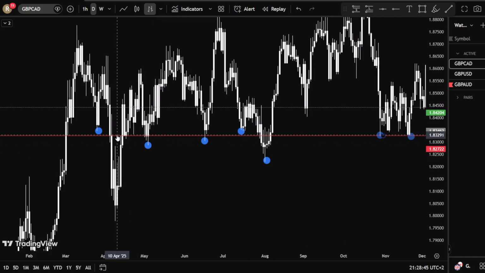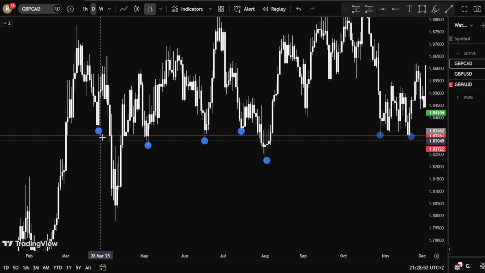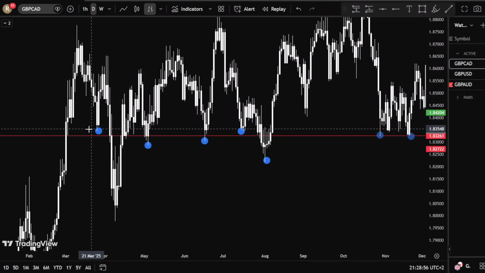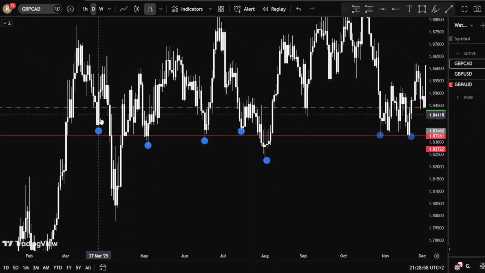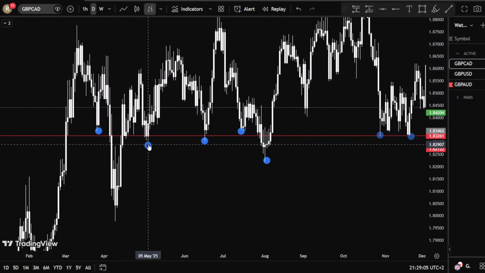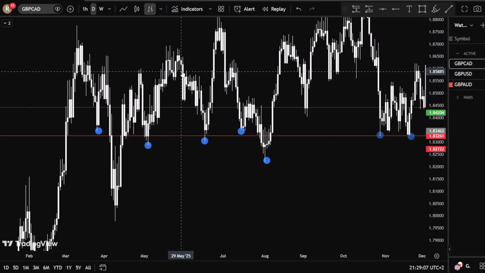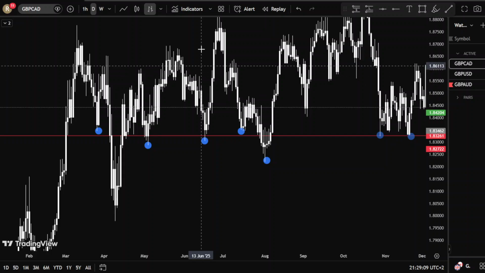in the past you can see here when it came down to here, the zone reacts, or the line acts as a zone. So you can see it comes down, it starts to bounce off. Here again, it comes down to the line, it starts to bounce off. It comes down to the line, it starts to bounce off.